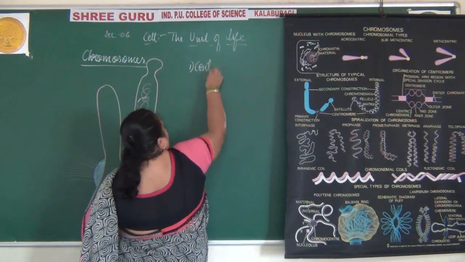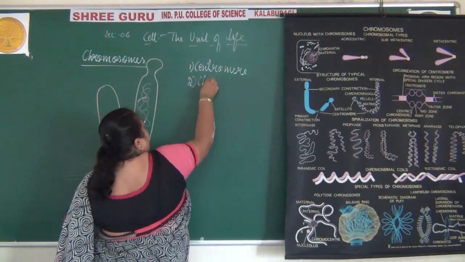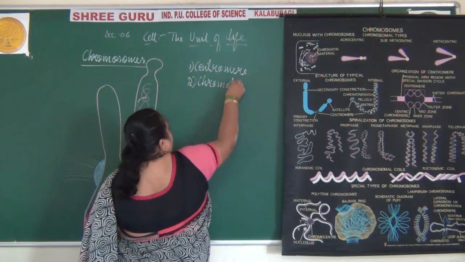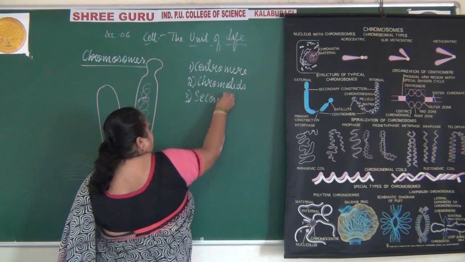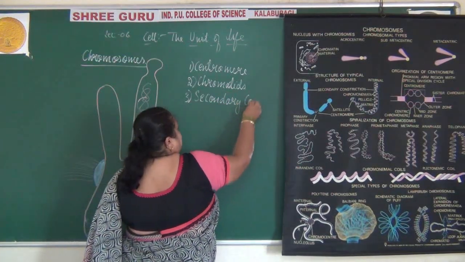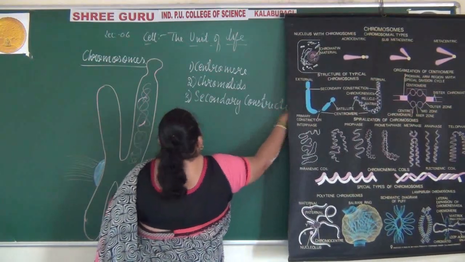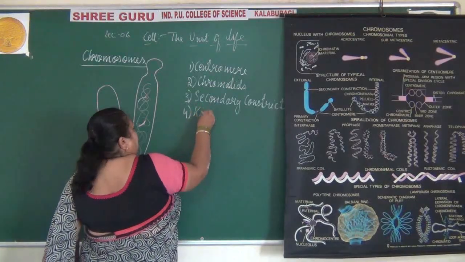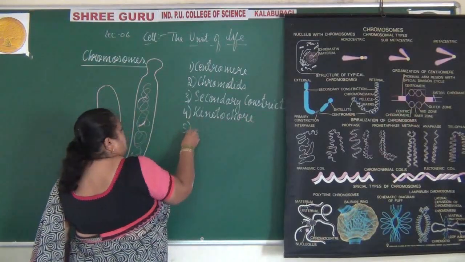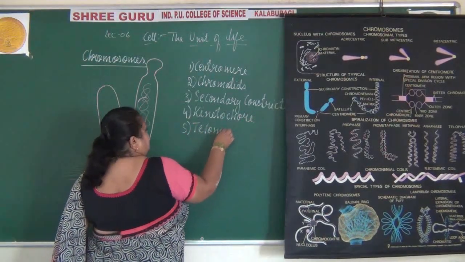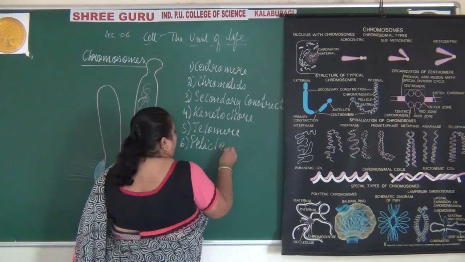The centromere, chromatids, secondary constrictions, kinetic core, telomere, and the pellicle.